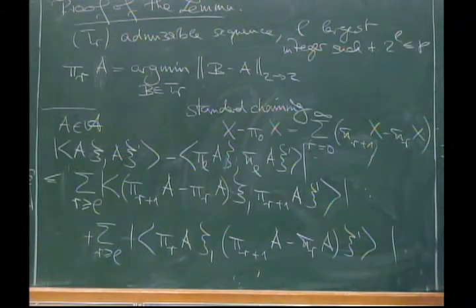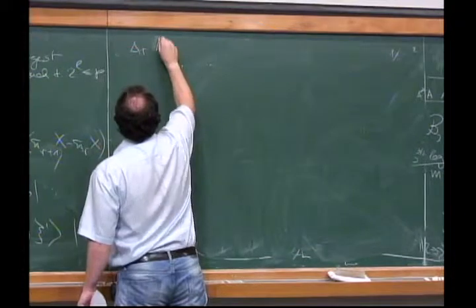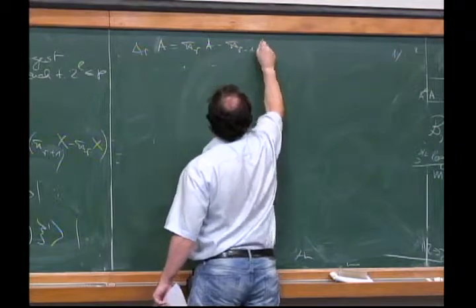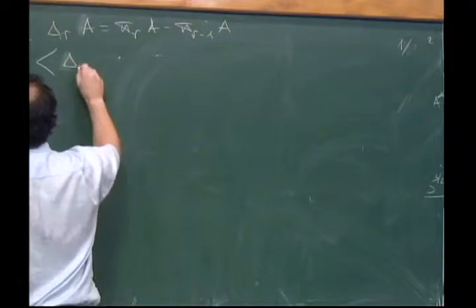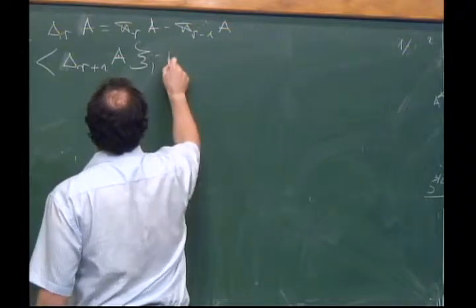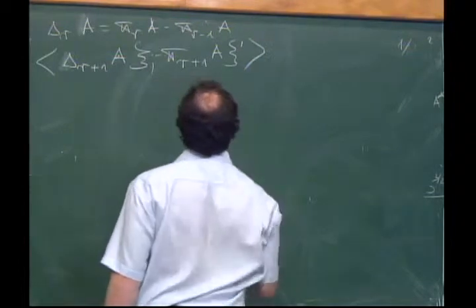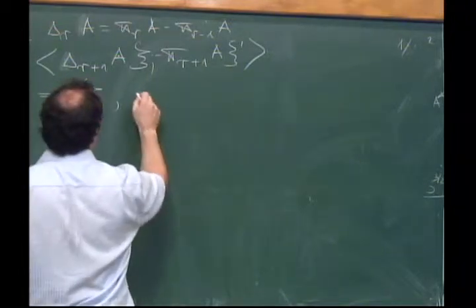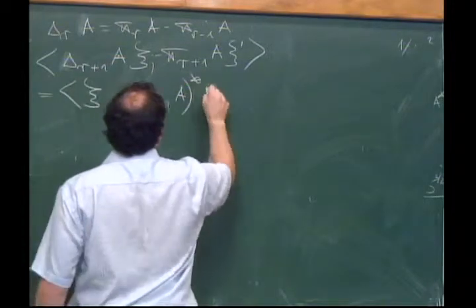Okay, so it's good to introduce delta_r of A to be pi_r A minus pi_{r-1} A. Then we will need to bound delta_{r+1} A xi in a product with pi_{r+1} A xi prime. And that's the same as the inner product of xi with delta_{r+1} A star pi_{r+1} A xi prime.